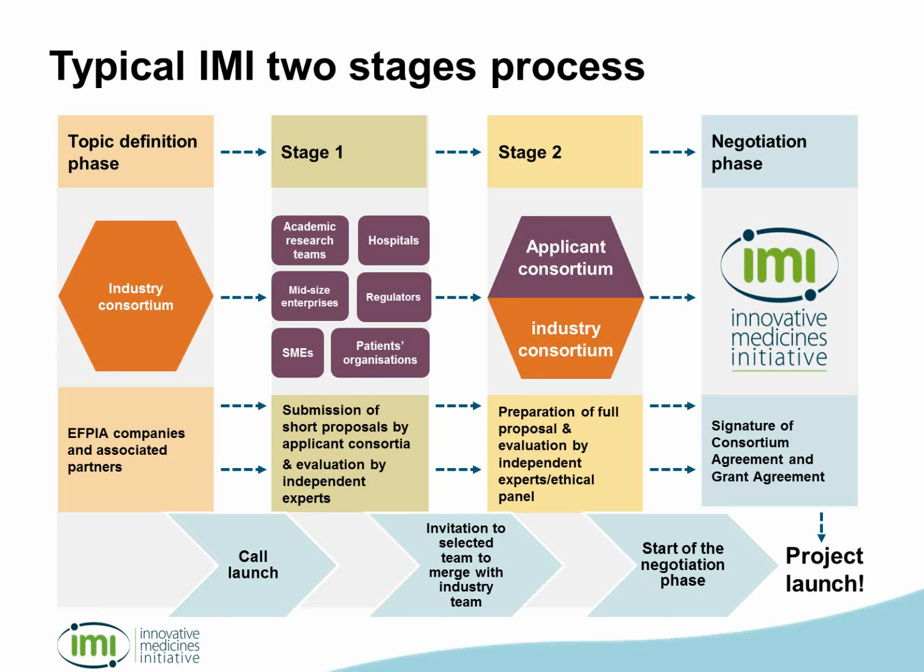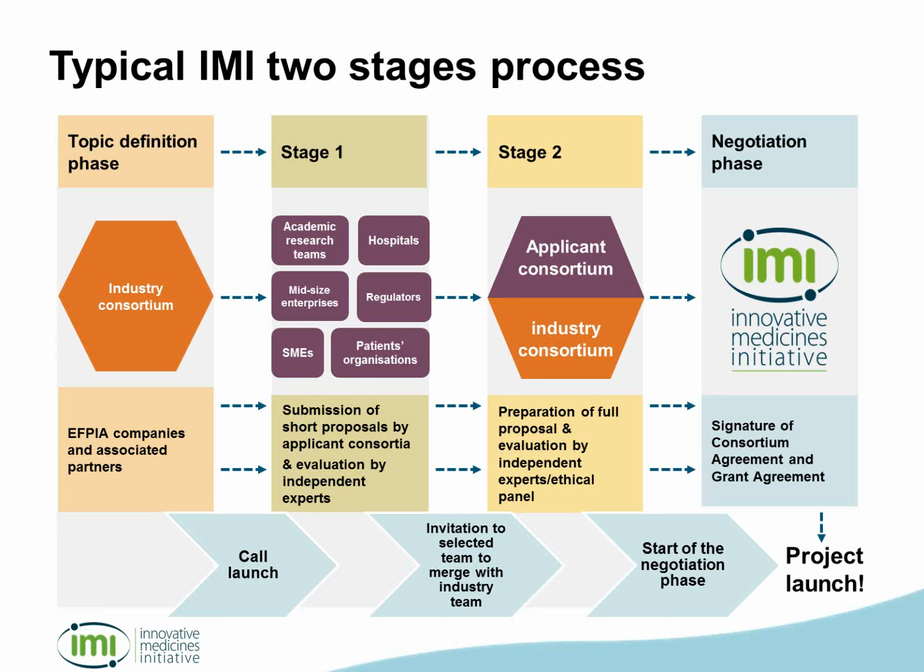Okay, so at stage one, where we are now, you're expected to address only the applicant part of the topic text. You're expected to form a consortium to make sure you address all aspects of the topic text. So that may mean that you have to reach out to hospitals, regulators, SMEs, patient organizations, and so on.